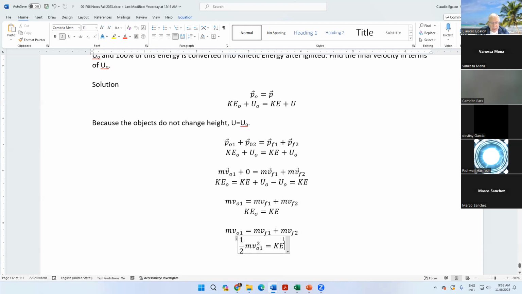Let's not forget, I'm going to put one more step here at the top, okay? Final kinetic energy of 1 plus final kinetic energy of 2.